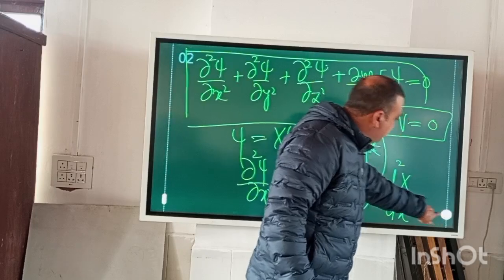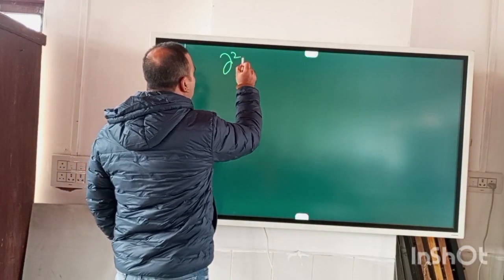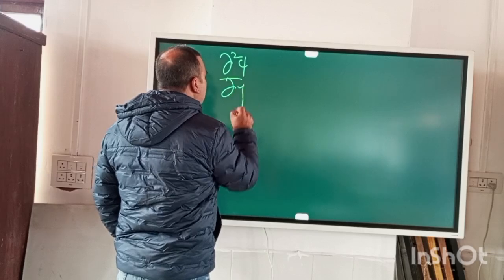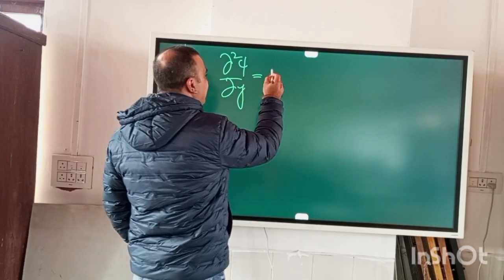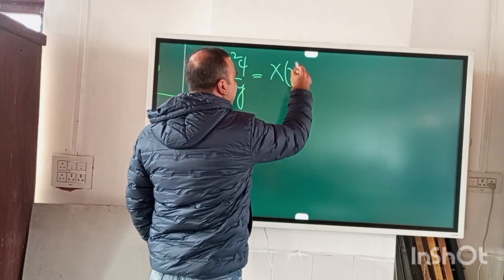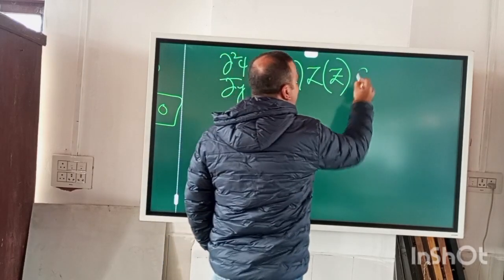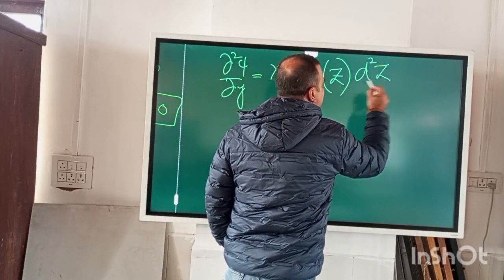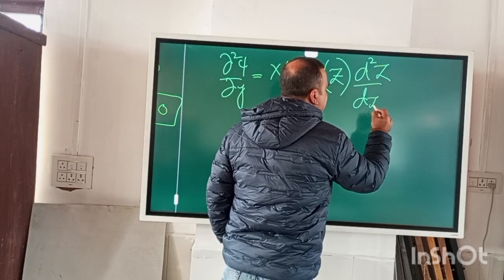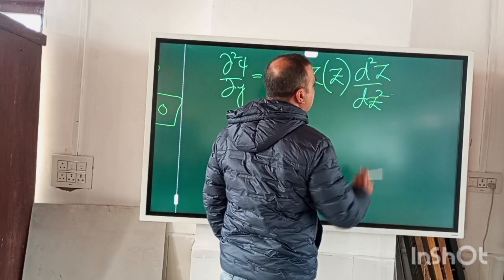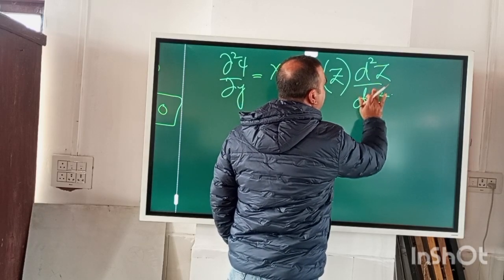Now, similarly, what we will have for ∂²ψ/∂y²? That will be X(x) and Z(z), and then we will have d²Y/dy².